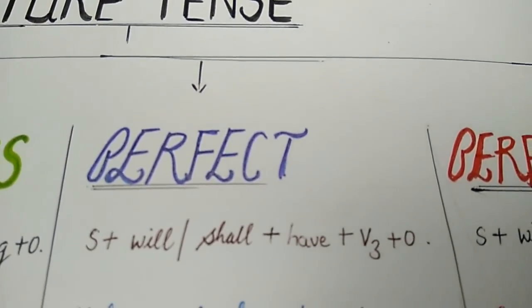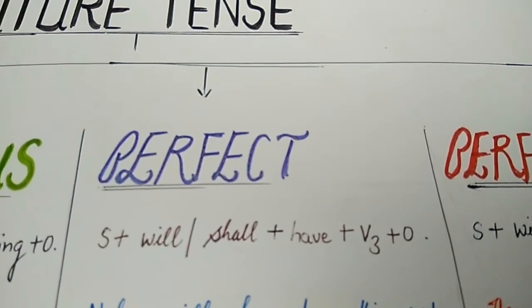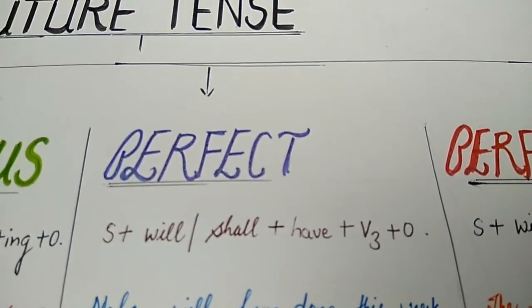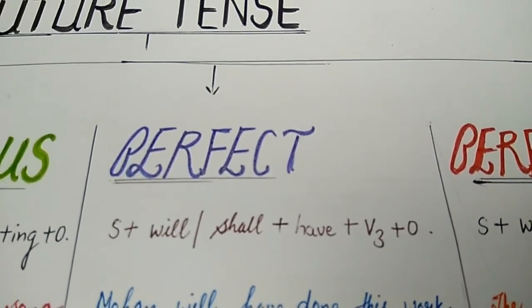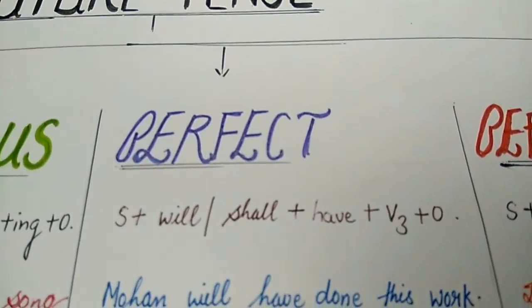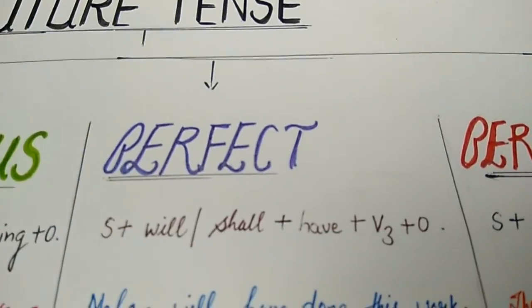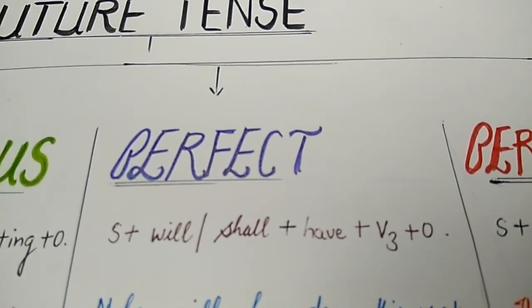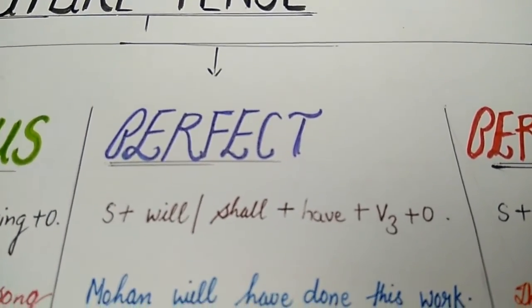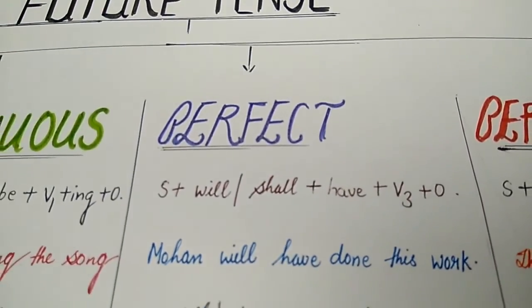So in this jungle safari, Puneet talked to us and said that the future perfect tense has the structure subject plus will or shall plus have plus verb third form plus object as its base structure.